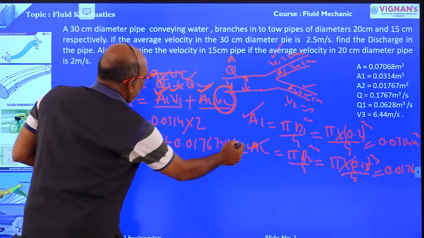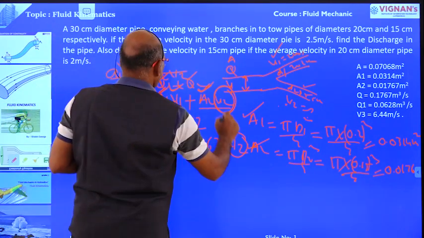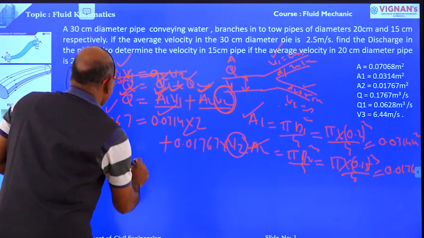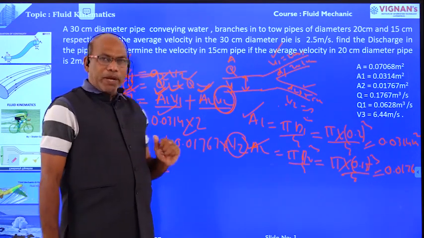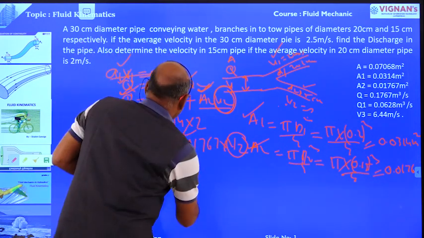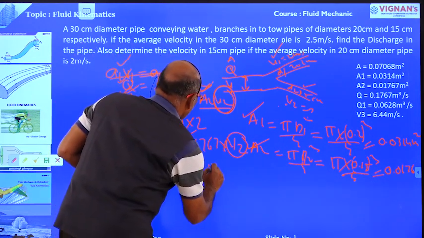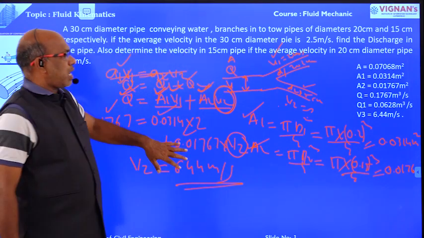Right? Only unknown is V2. This is numerical value, this is numerical value, this is numerical value. Only unknown is V2. From this equation, V2 velocity in 15 centimeters dia pipe, V2 is equal to 6.44 meter per second. This is the velocity in the 15 centimeters dia pipe.